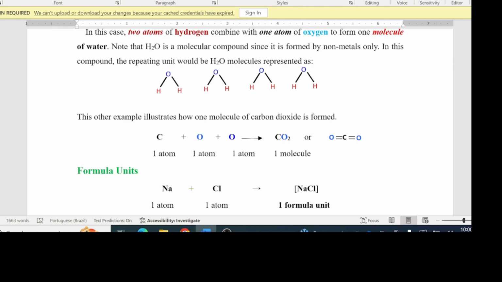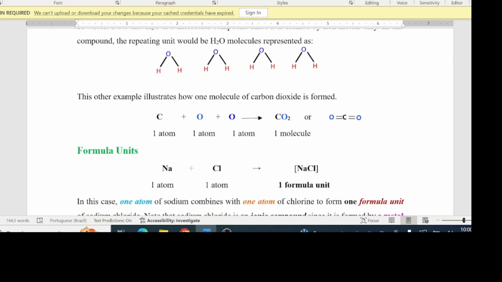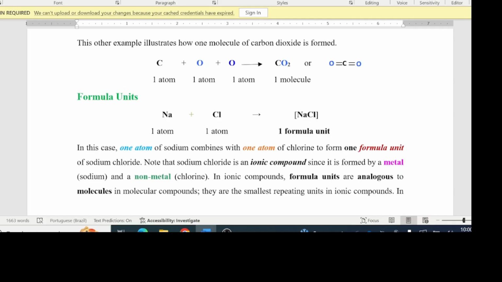Okay, ball and stick model there. Now, when you talk about a formula unit, we are referring to ionic compounds. Here you're seeing how one atom of sodium reacts with one atom of chlorine to give sodium chloride, and this is referred to as a formula unit. We cannot say a molecule of sodium chloride.